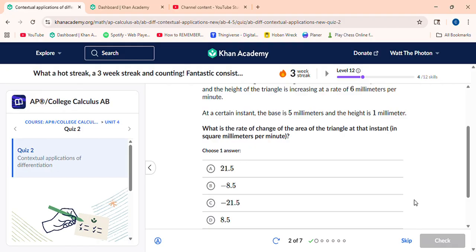Okay, so the formula is equal to base times height over 2, and if we take the derivative of that, we can get... what is that? Does that work? I think we can just separate this and get b over 2 plus h over 2.